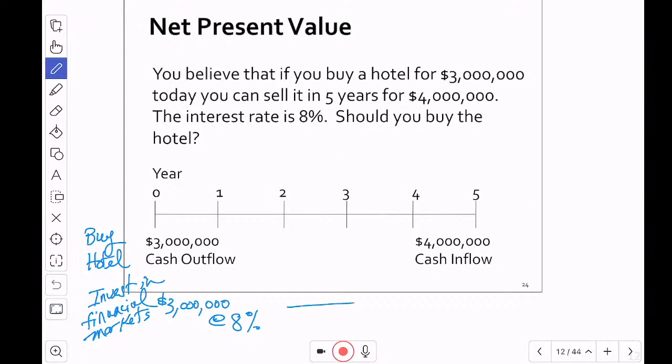Well, we learned that the future value at time 5 years would be $3 million accumulated at 8% for 5 years. What do you get?